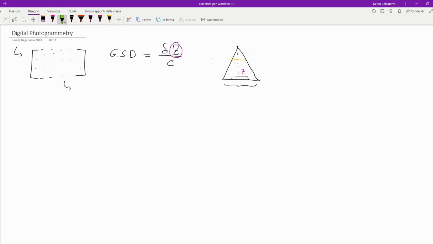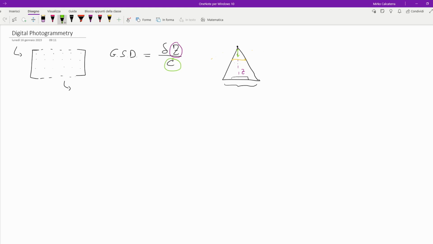Last but not least, here we have the principal distance, this C. What is the principal distance? It is the distance between the front nodal point of the lens and the image sensor.